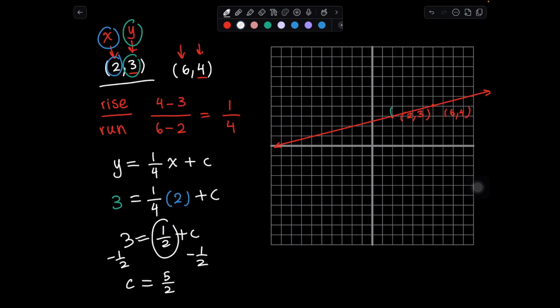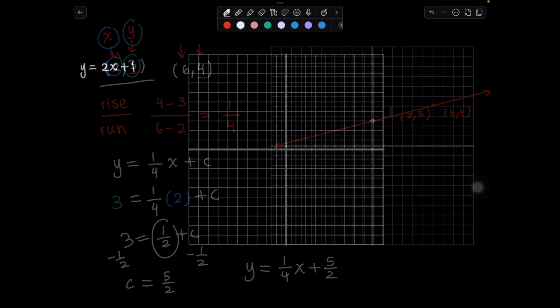Okay, so 2.5 is what we had before. That's what we guessed. But this is a good way to where if you have two coordinates, you can solve and find the equation without drawing the graph. So our final answer is y equals 1 on 4x plus 5 on 2.